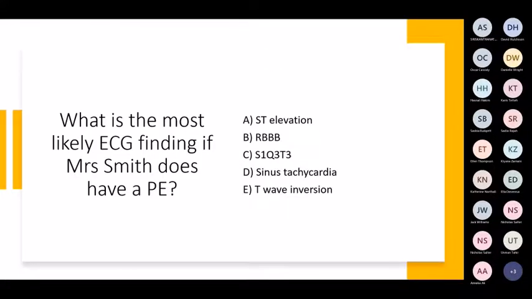Cool. So you've done all those tests. What is the most likely ECG finding if Mrs. Smith does have a PE? Just give it a couple more seconds for more answers to come through.